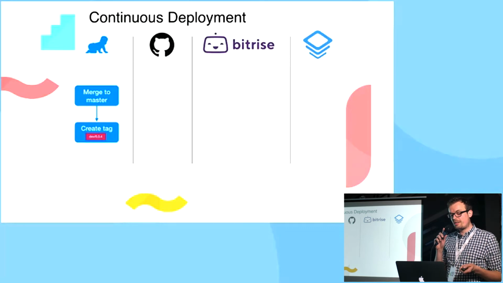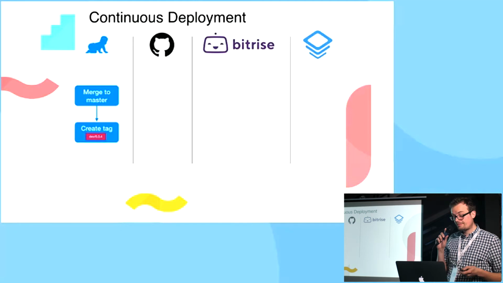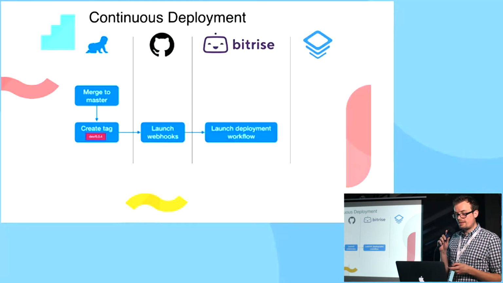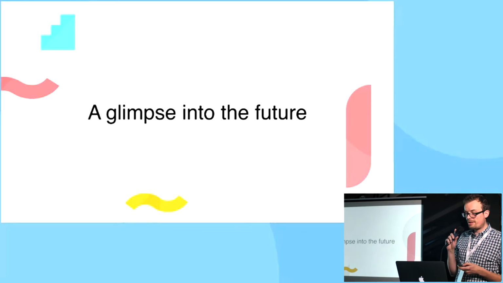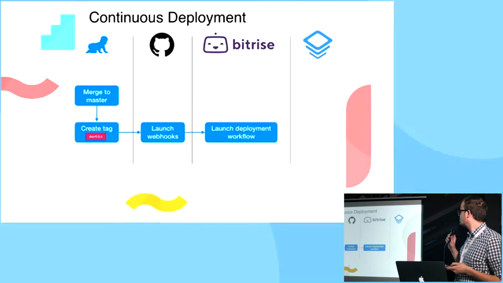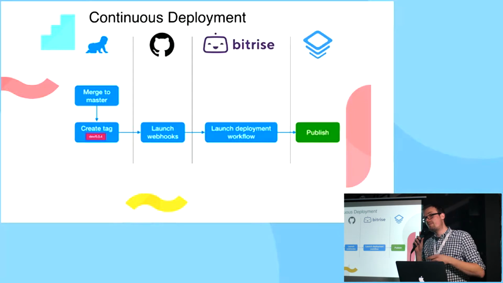Bitrise launches the Fastlane release lane or Gradle task appropriate for this environment, for this tag prefix. Then we finally publish it to Fabric. And this publishing is done by Fastlane and by Gradle.